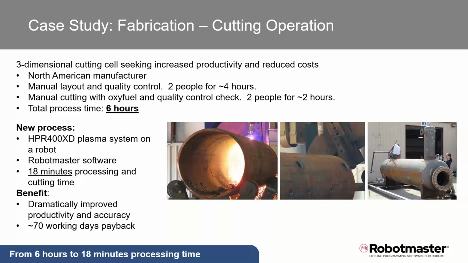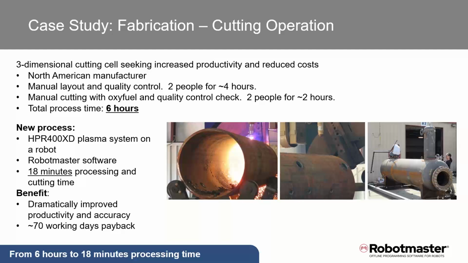Cutting was a bottleneck, mostly because between manual layout and quality control, they were spending 2 people for 4 hours just doing layout, and then coming back in doing quality control. Then they were cutting with oxy-fuel, another quality check, and this was consuming at minimum 6 hours.